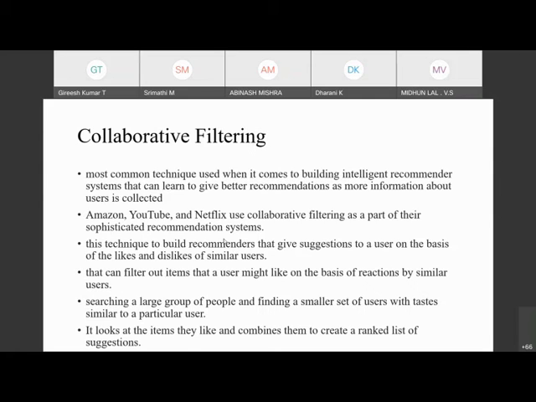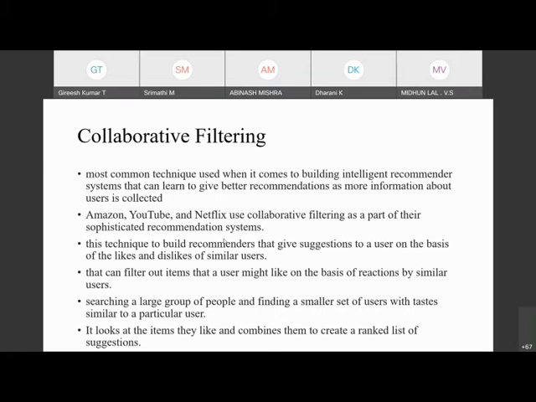What is the meaning of a recommendation system? For example, you are watching a movie. Others will recommend whether that movie is good or bad based on feedback. Or you are going to purchase something from Amazon. It's a recommendation system.